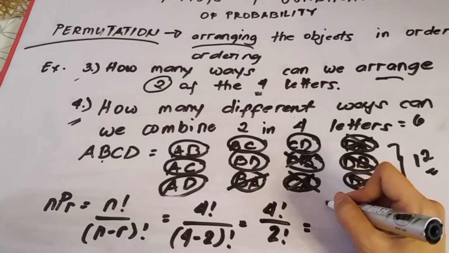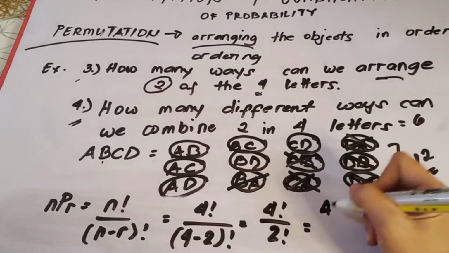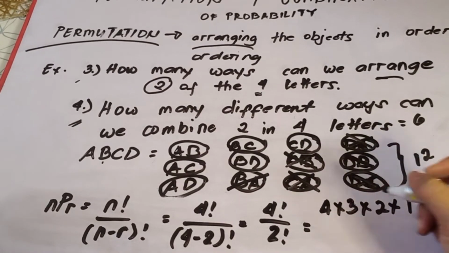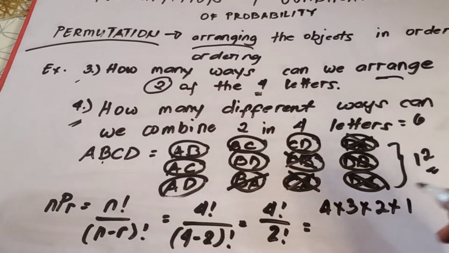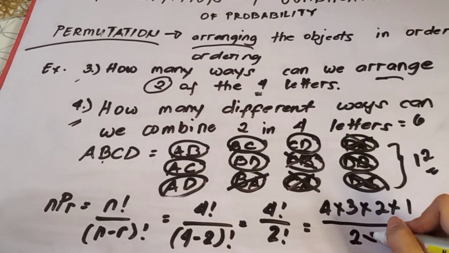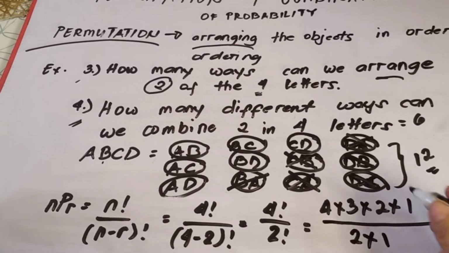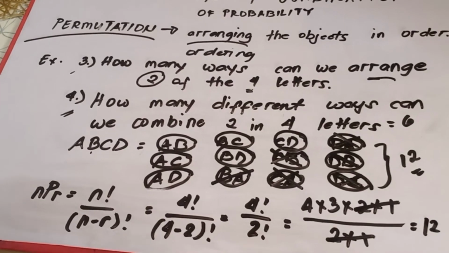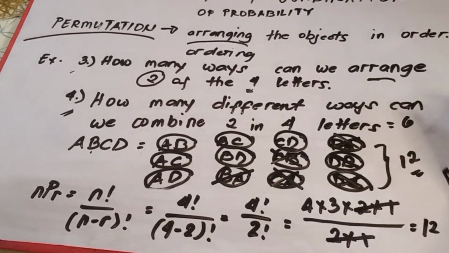So to simplify, that is 4 times 3 times 2 times 1 all over 2 factorial, that is 2 times 1. So we can simply cancel 2 times 1, 2 times 1. So ang natira na lang sa atin is 4 times 3, that is 12. Okay, so this is same as the answer here.